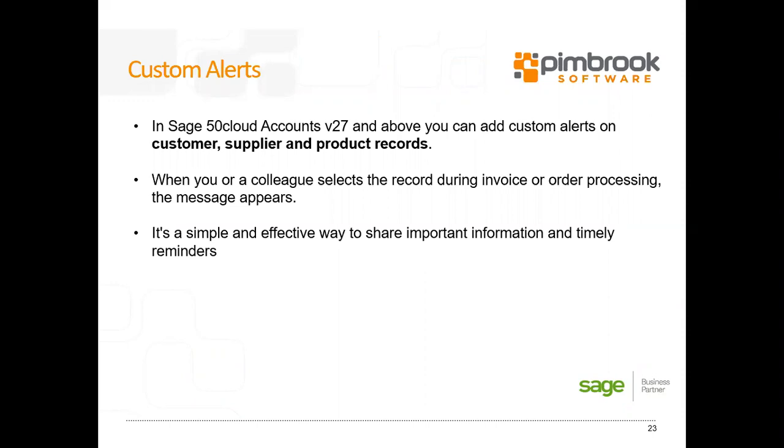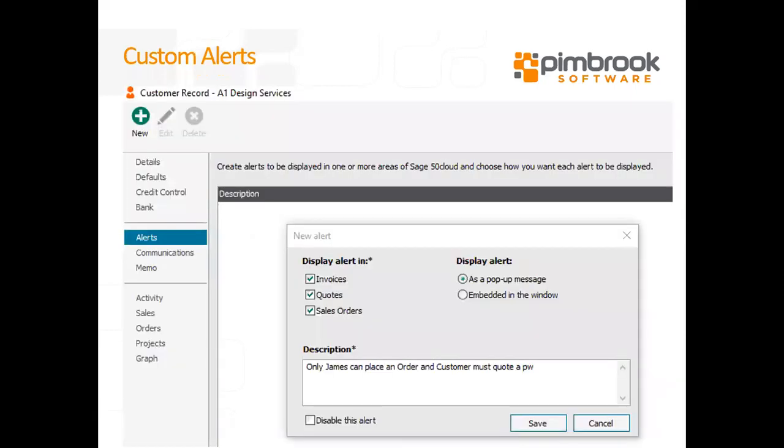So it's an effective tool to share important information, or a reminder, in a timely way. The moment the user goes in and selects the customer, supplier, or product, the information should flash and let them know. It could be that whoever is ordering the product needs to quote a password or something. You get that information straight away before you go on and process your invoice.